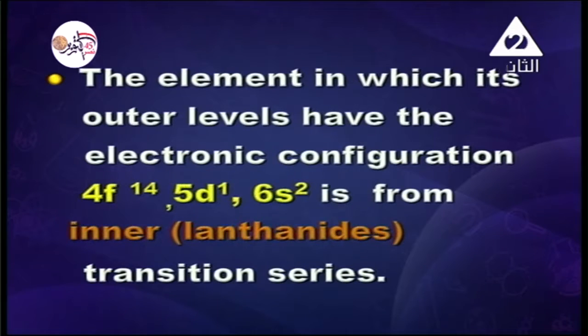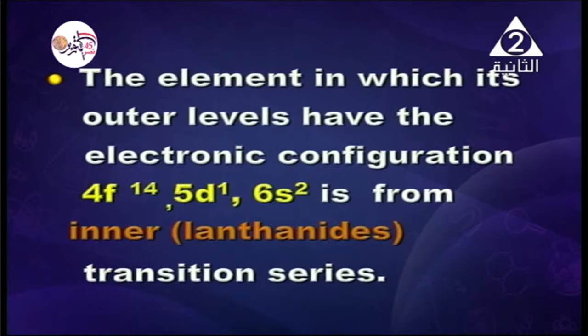Remember that before filling the f sublevel, we have to put 1 electron in the d sublevel, and then we put 14 electrons in the f and then return to the d sublevel. So this element must be in the inner transition series from lanthanide elements, as its f sublevel is successively filled.